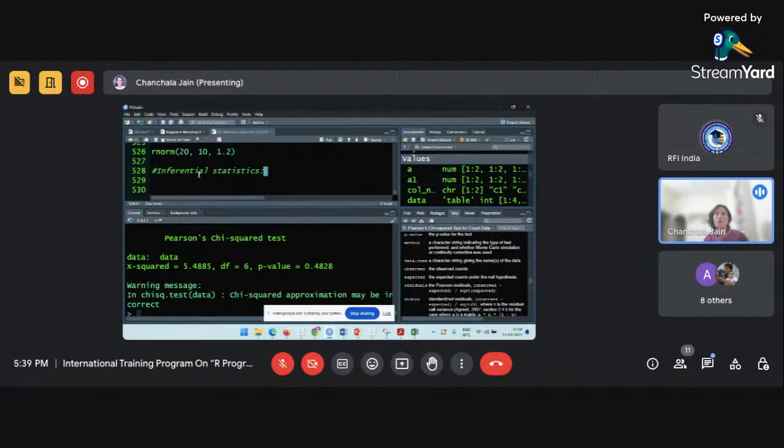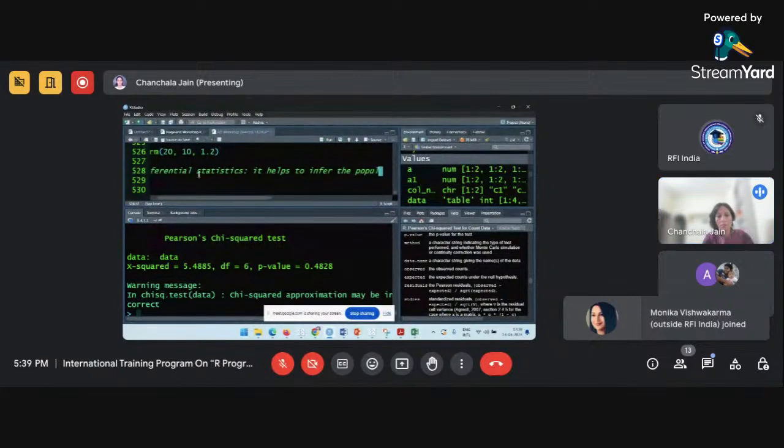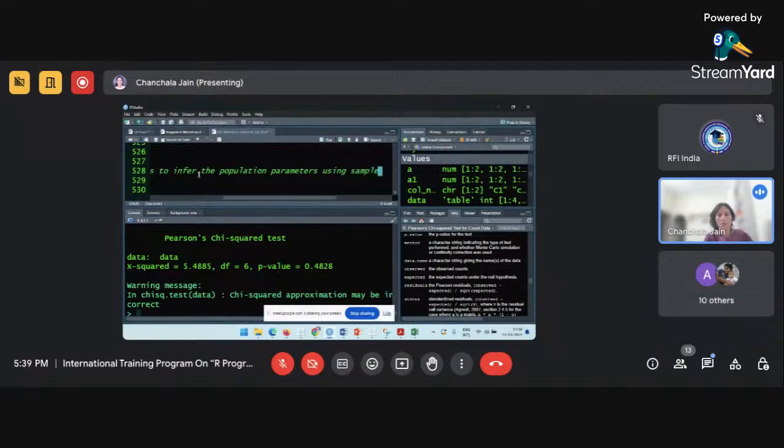After that, if you want to test your hypothesis or something like that, in that case, you can talk about inferential statistics. So inferential statistics will help you to infer the population parameters using a sample.